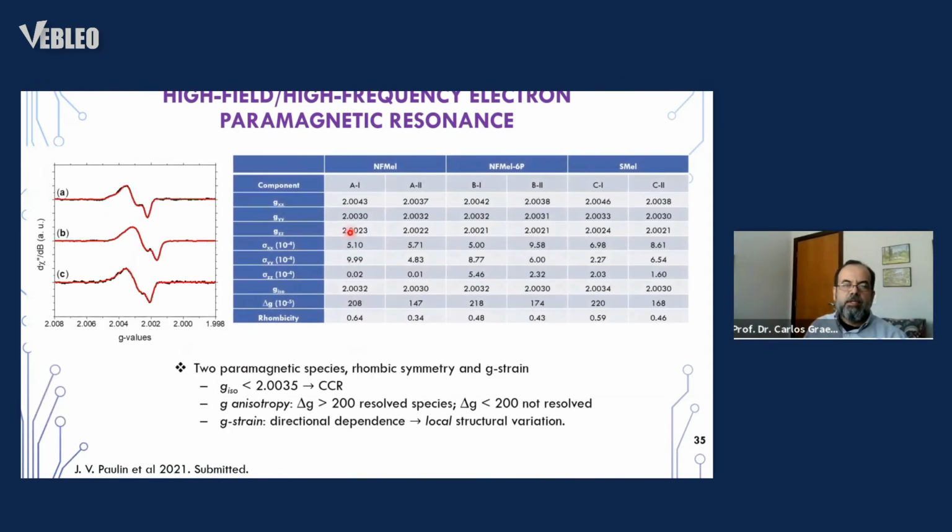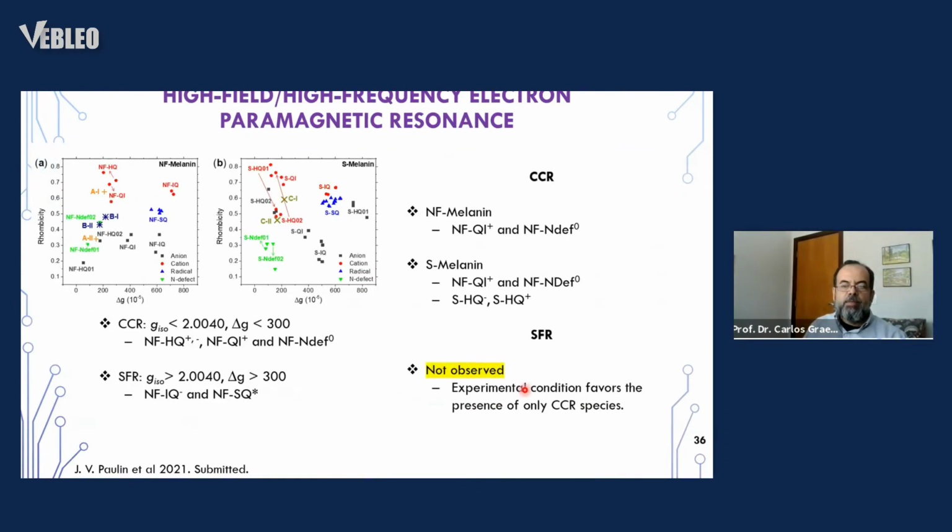By doing appropriate fittings, we find that there are, again, two paramagnetic species with a G strain, and in the case of high fields, we basically don't see the SFR signal. We only see the CCR, and by following their delta G against rhombicity, we find that we can better separate the contributions to these experiments.